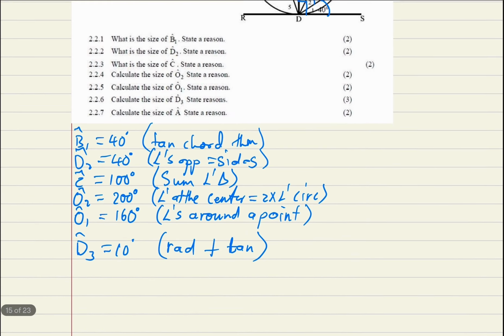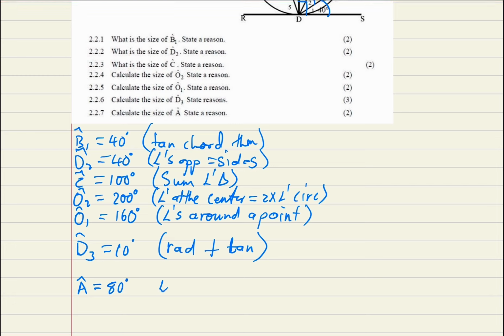I'm now looking for A. Now A is equals to angle at the center is twice angle at the circumference. So you are going to say 160 divided by 2, which is 80 degrees. 80 degrees, you're going to say angles at the center is equals to 2 times angle at the what?